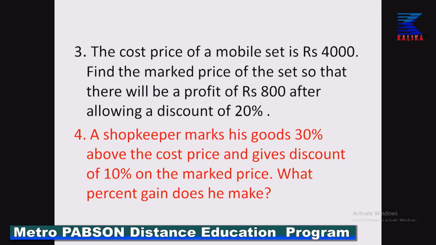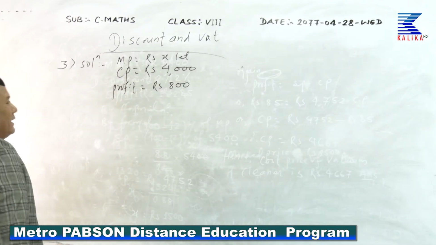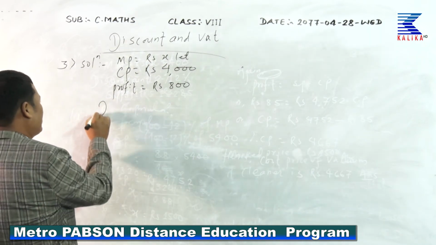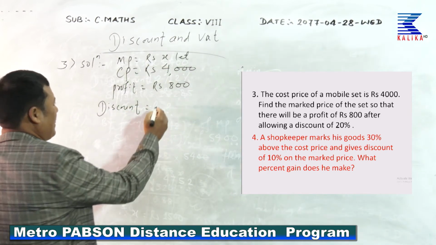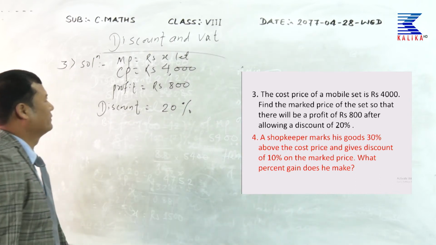Solution. Cost price CP is equal to Rs 4000. Profit is equal to Rs 800, and discount is equal to 20%.